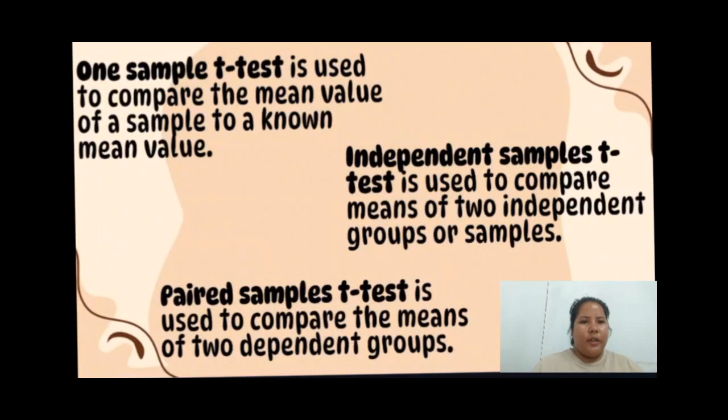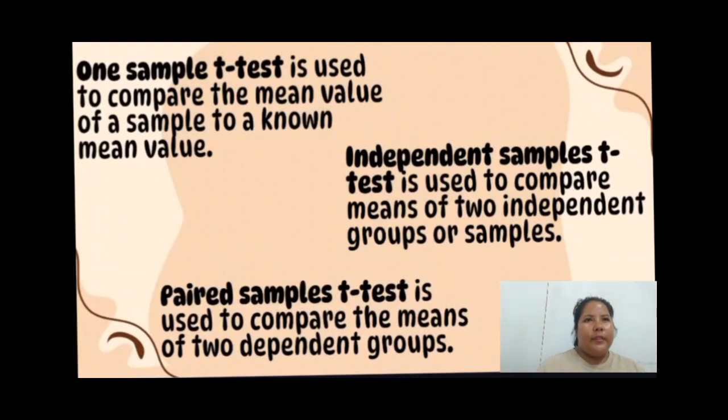Next is the paired sample t-test. So when to use the paired sample t-test? It is used to compare the means of two dependent groups. For example, we would like to know how effective a diet is.